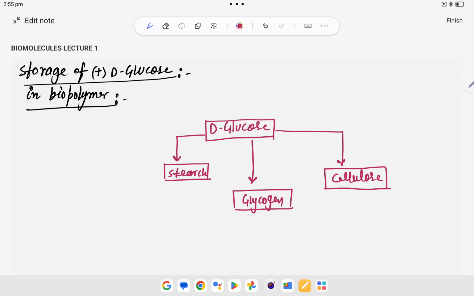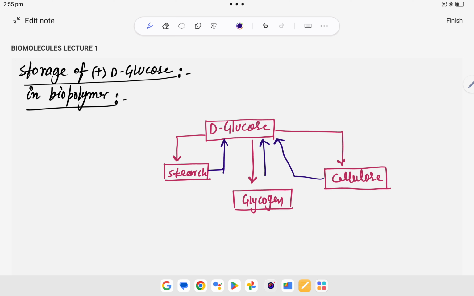Okay. And these are interconvertible also. That means starch is converted into glucose, glucose is converted into starch. Similarly, these are interconvertible.